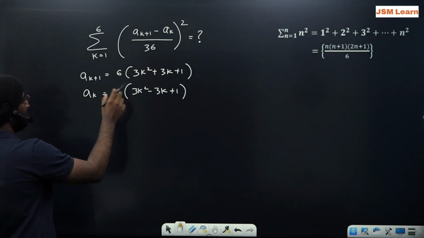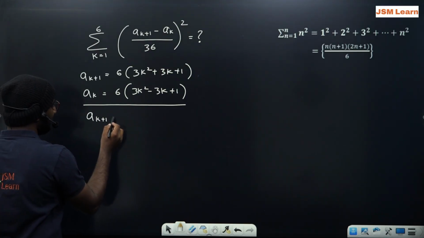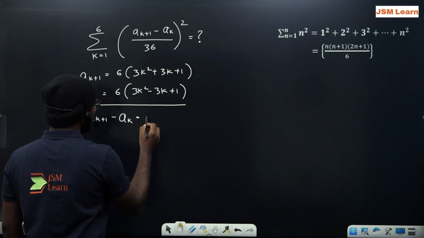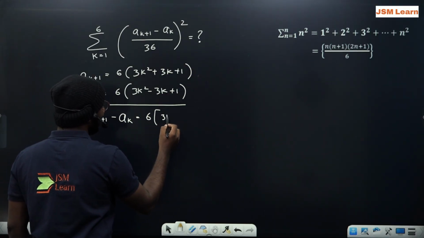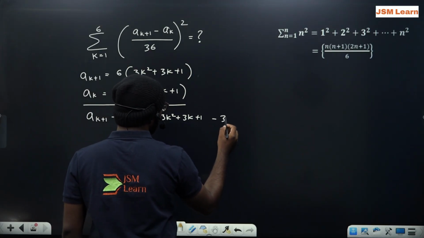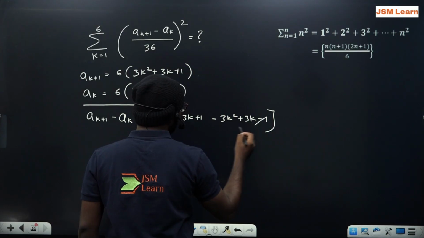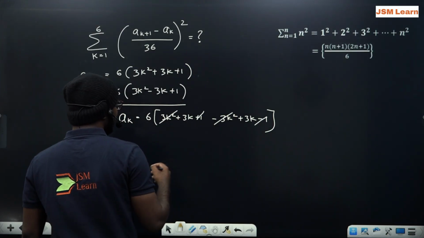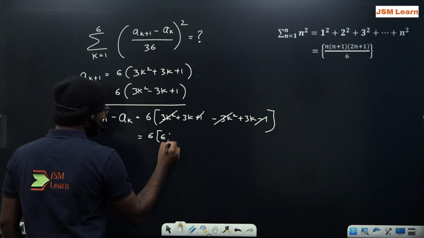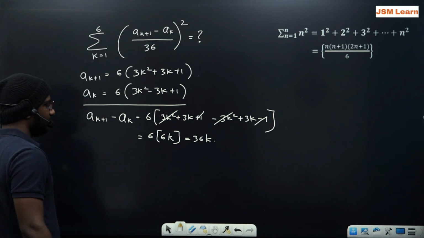So we are going to subtract these two terms, which is equals to a k plus 1 minus a kth term, which is equals to what we will get? 6 times 3k square plus 3k plus 1 minus 3k square minus 3k plus 1. So here 1 and 3k square will get cancelled and the remaining is 6 times 6k, that is equals to 36k we got.